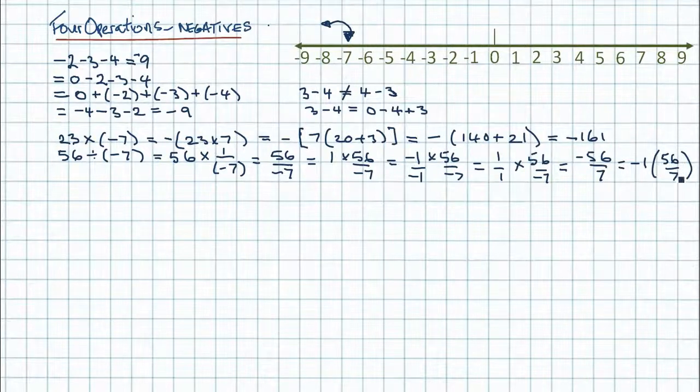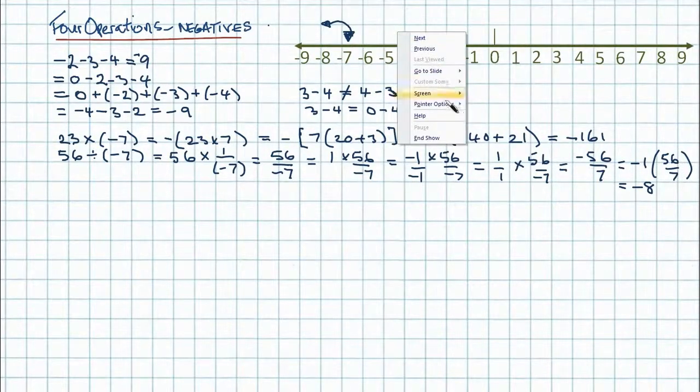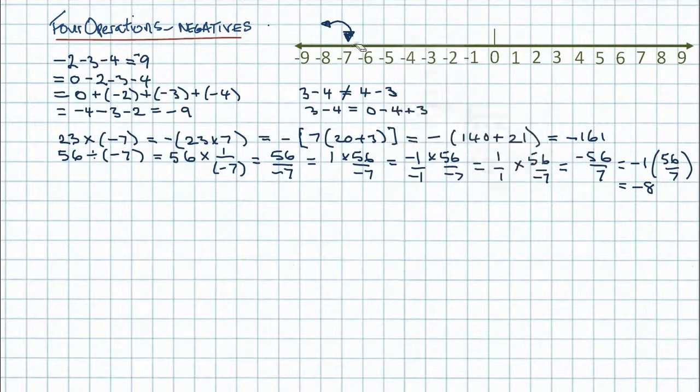So 56 divided by 7 gives us 8. And so negative 1 times 8, well, it must be negative 8. Okay? It's exactly the same, in other words, as saying 1 times negative 8. And if we were on the number line here at negative 8, then there we would be. Times 1 just keeps it the same. So 1 is the identity for multiplication and division.